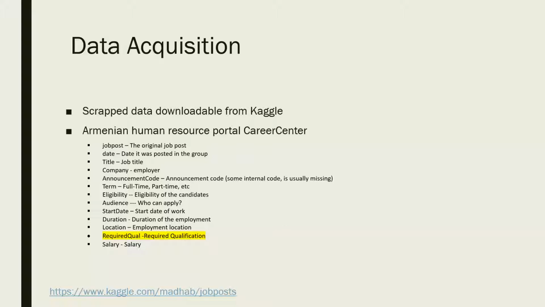These are the job postings. The members on Kaggle scraped the data from the website and made a well-structured CSV file containing these elements. What we are interested in is the required qualifications highlighted as shown here.